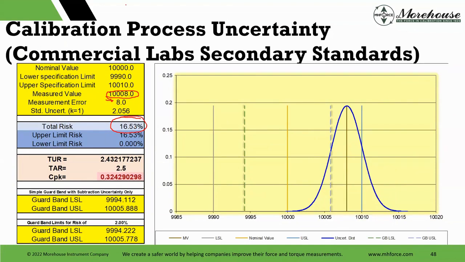Now I pass, if I'm not taking uncertainty, if I'm not using a decision rule like method 5 or ILAC G8, I'm passing 16.53% risk to someone else, and they're going to take it. TUR is 2.4. CPK, not too good.